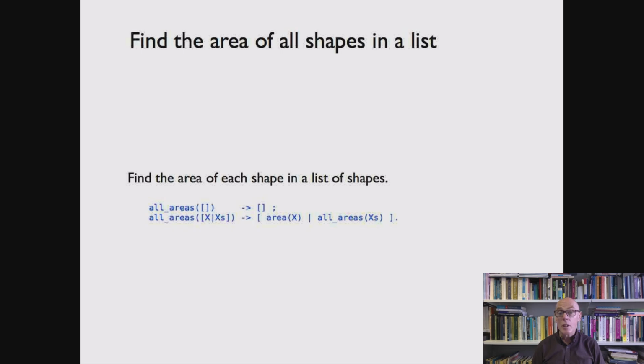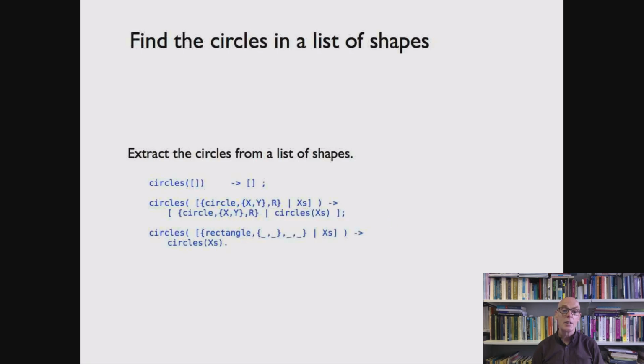One was when we were looking at finding the total area of a list of shapes. What we did as an intermediate function was to define a function that found the area of every shape in a list of shapes. And that was the pattern of applying the same function to every element in a list.